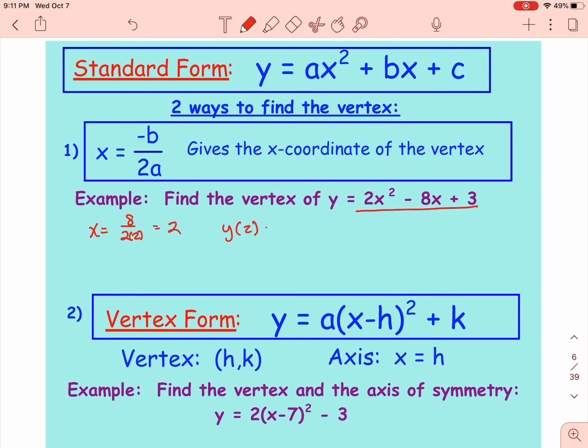Now we simply find y, or f of 2, and that's going to be 2 times 2 squared, which is 4, minus 8 times 2, which is 16, plus 3. So we got 8 minus 16 plus 3. So we know that equals negative 8 plus 3, which is negative 5. So we know the point (2, negative 5) is the vertex.